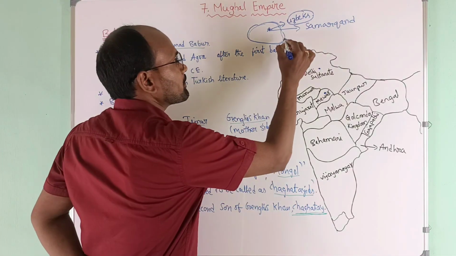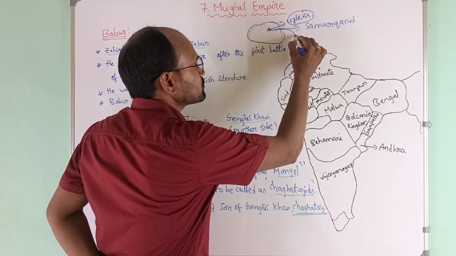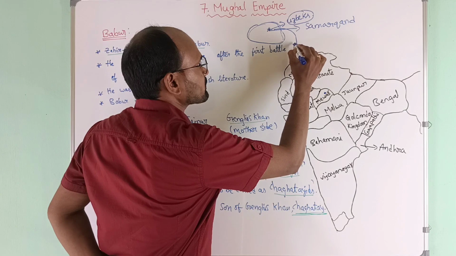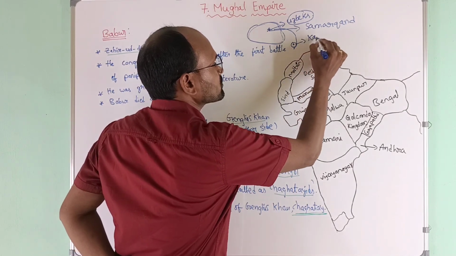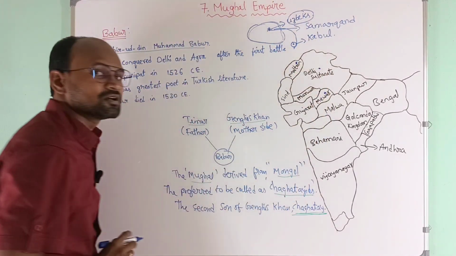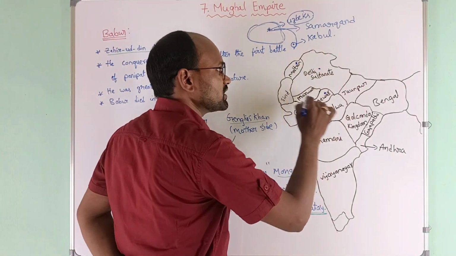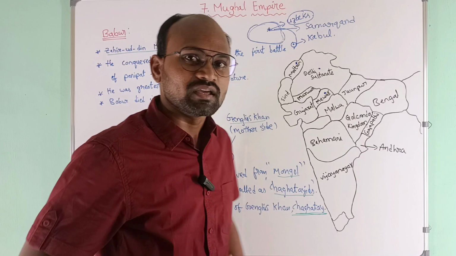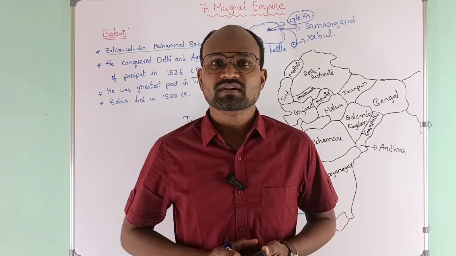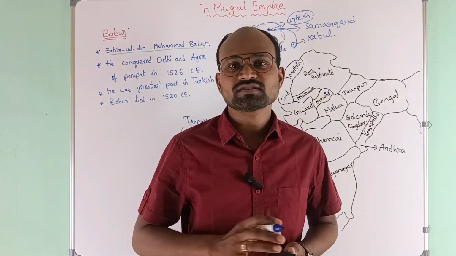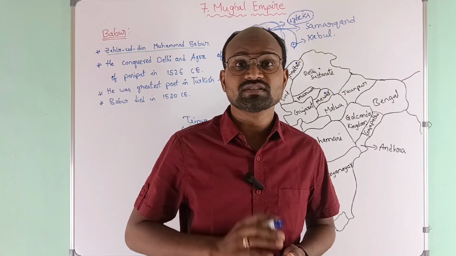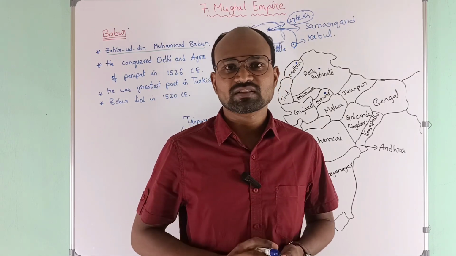So that is why Babur moved from Samarkand to Kabul in Afghanistan. From Kabul, he decided to conquer northern India. Why? Because the Indian regions were prosperous, with so much wealth.